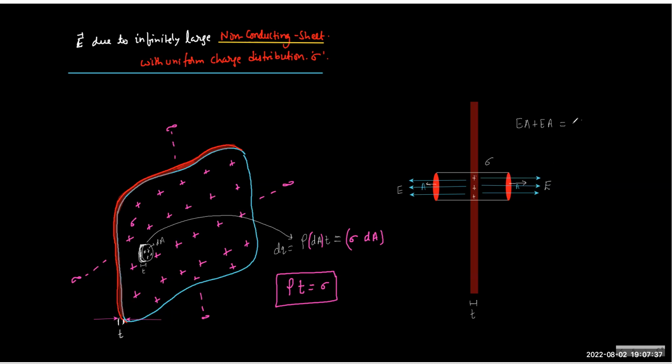Sigma into the area, upon epsilon naught. So the net electric field turns out to be how much? Sigma upon 2 epsilon naught. Is this clear? So for a non-conducting sheet, the way sigma is defined, the answer turns out to be sigma upon 2 epsilon naught.